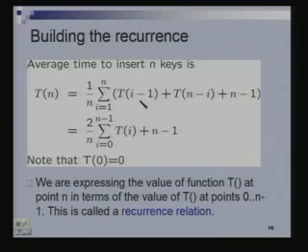Now, note that each of these terms will appear twice. If I look at T3, it will appear once for i equals 3, and once as i equals n minus 3.